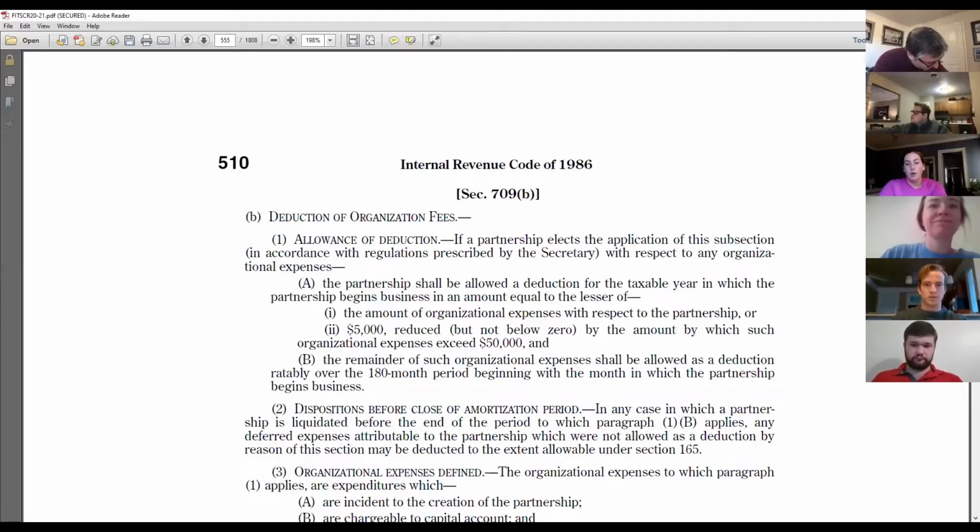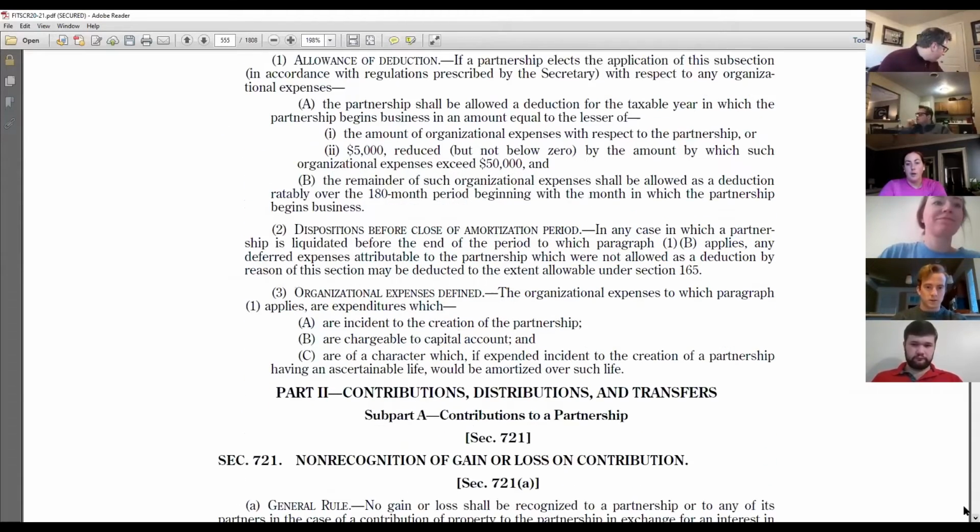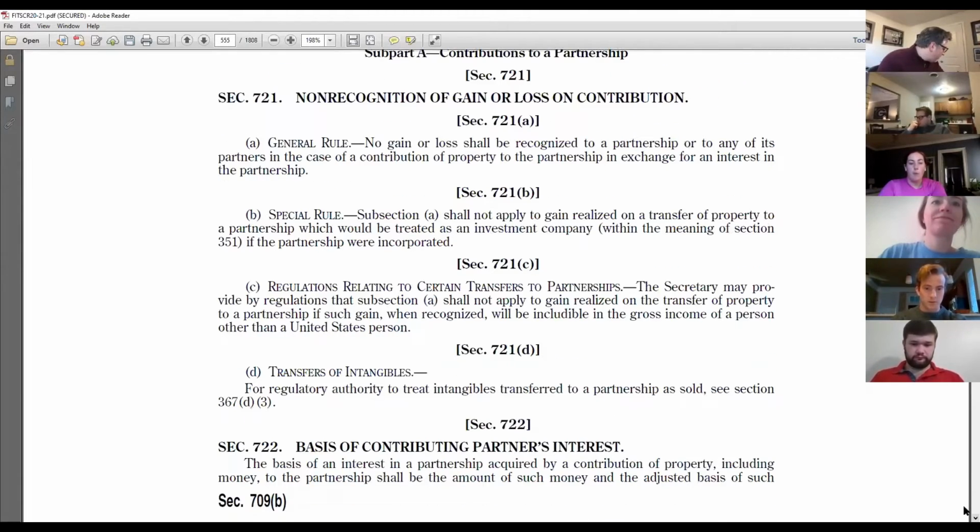Section 721 of the code says very simply, no gain or loss shall be recognized to the partnership, which is not surprising. It's hard to think about the partnership having gain, but you might think about it a little bit.